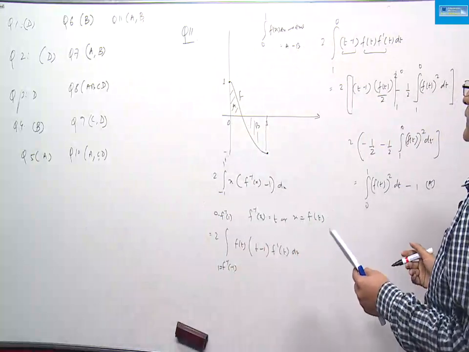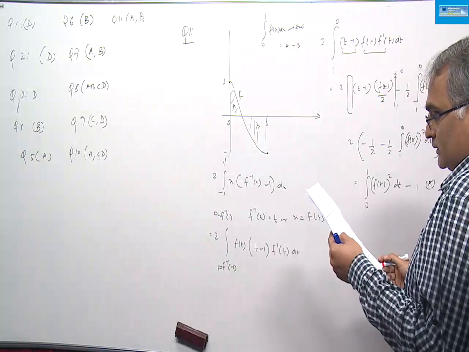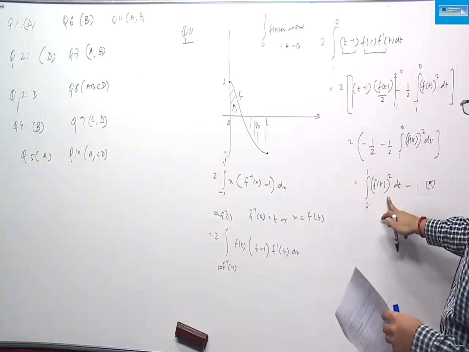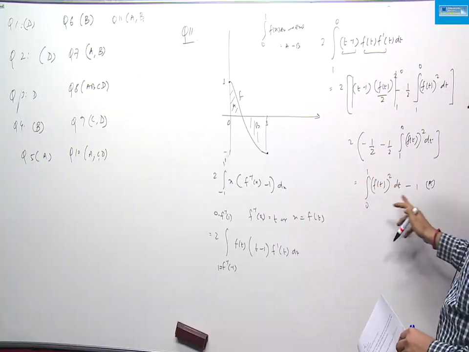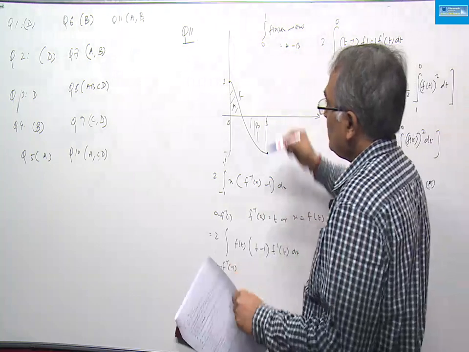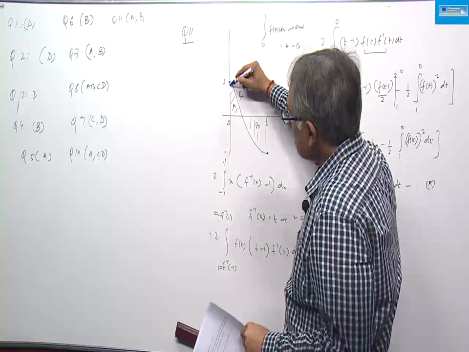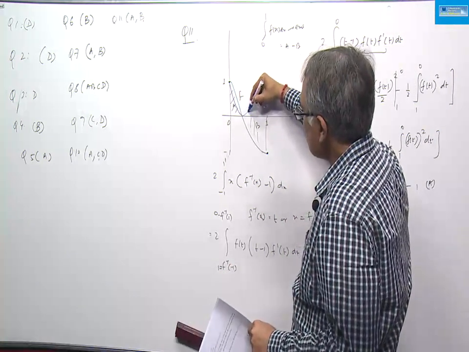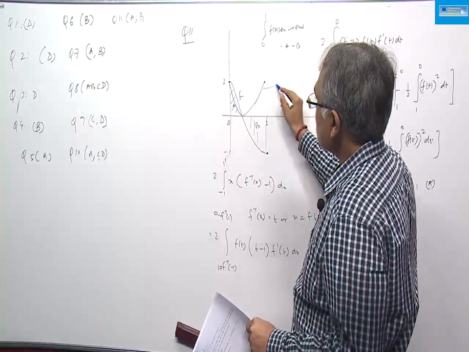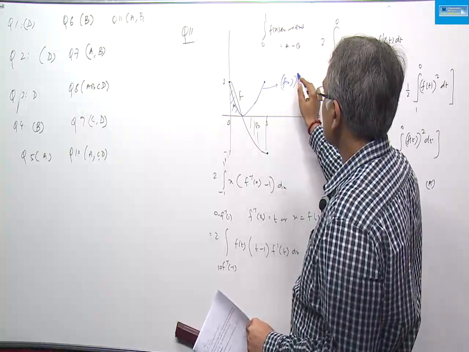And what about D? D is twice of this, which finally comes out to be the integral from 0 to 1 of f(t) square minus 1. What about f(x) square? The graph of f(x) square must be like this. From this point, something like this, maybe somewhere here, at minus 1 square will be 1, like this. This is the graph of f(x) square.